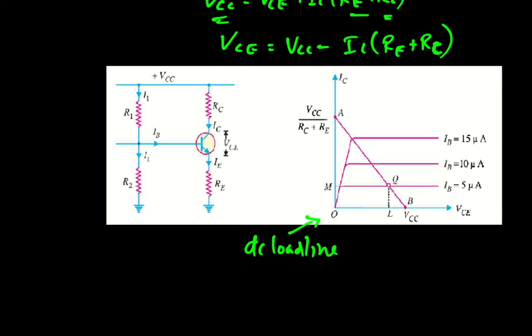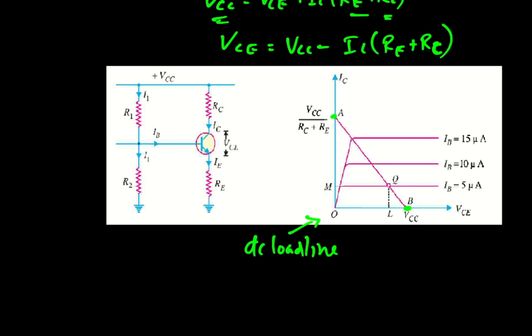DC load line means it is the variation of the DC output current with the DC output voltage, that is, zero signal collector current and zero signal collector emitter voltage. Now to draw a straight line, we need the two endpoints A and B.